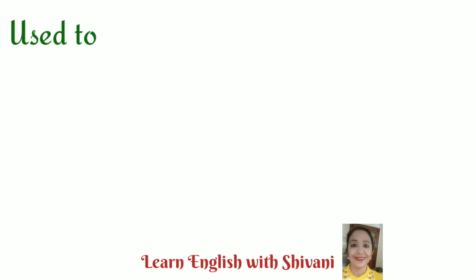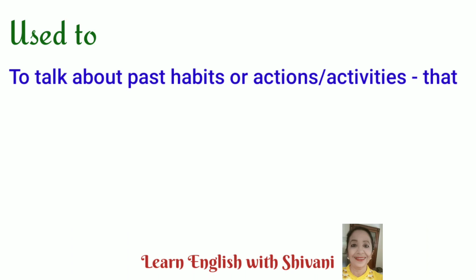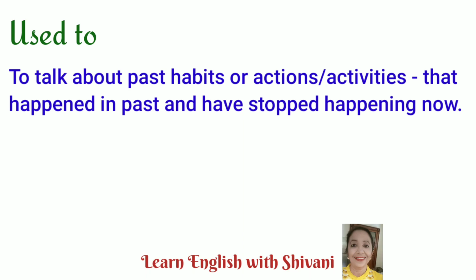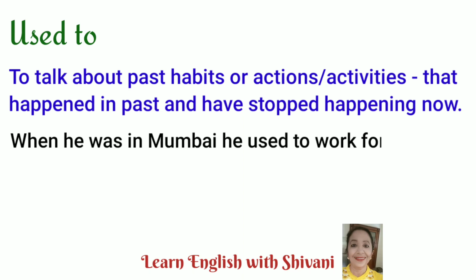The expression used to is used to talk about past habits or actions or activities that took place frequently and do not happen now. For example, when he was in Mumbai, he used to work for an NGO.